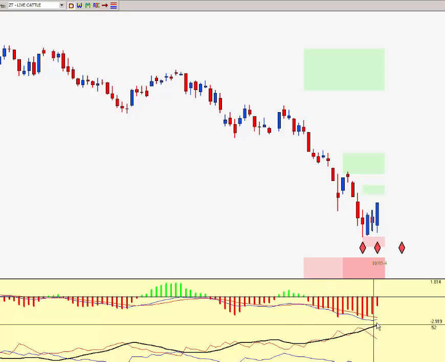Here we got this convergence happening, and oftentimes when you have this convergence and then they diverge, where this will cross up, which is already looking like it's going to want to do that, and this starts to go down, it would give us an indication that the current daily trend is likely at an end for the time being. So that is really a good indication at this time for the buy side in live cattle. We're expecting a pretty good rally here in live cattle.